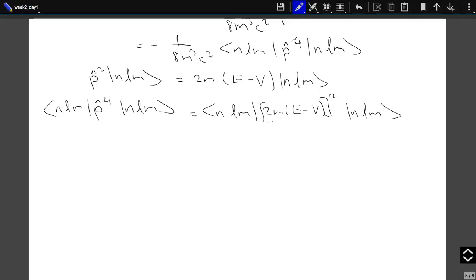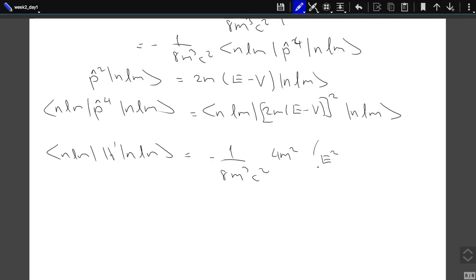So if you buy this argument, then the expectation value of H prime in nlm is equal to minus 1 over 8 m cubed c squared. We have 4 m squared. Let me not write the nlms all the time.